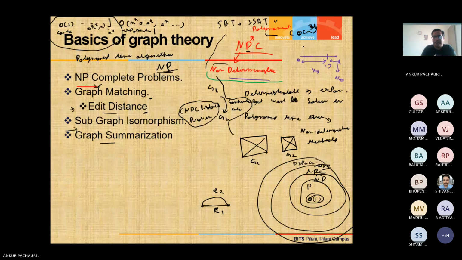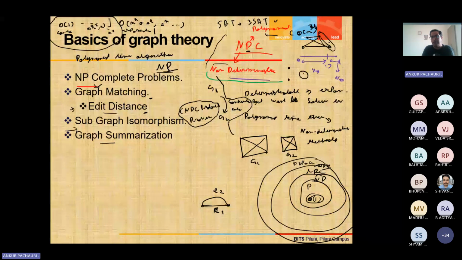So suppose for example there are 4 nodes connected to each other in that way, and if I merge those 2 nodes, then my resultant graph will be something different. These 2 nodes are now merged into one.